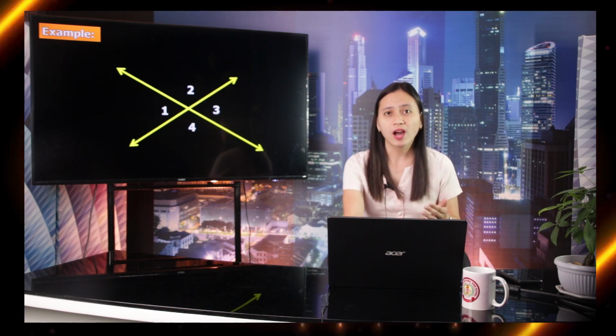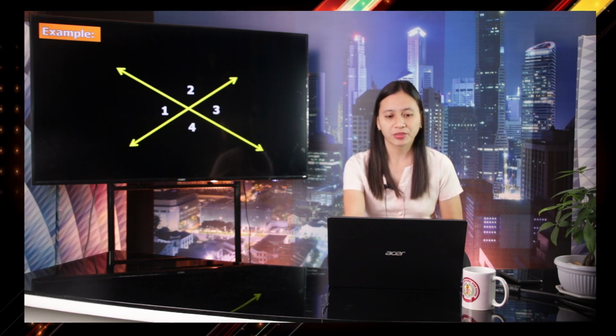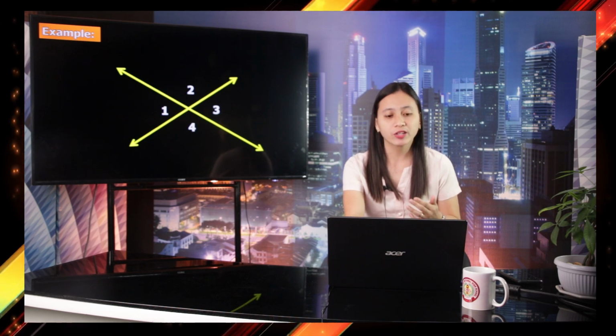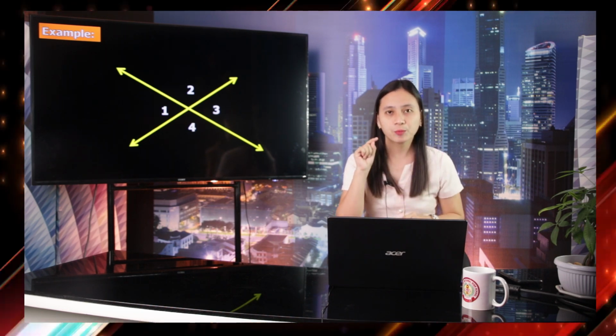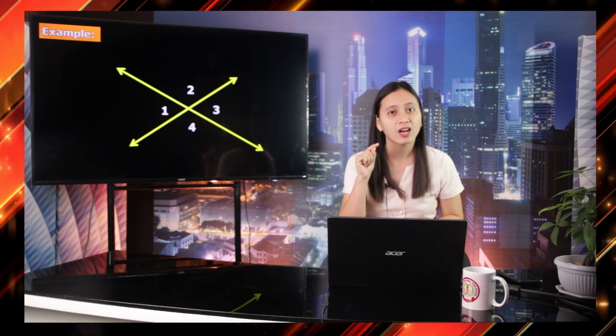Now, here in angle 1 and angle 3, we have a common vertex. It's very clear, the two lines that cross, the point where they cross is the common vertex. But notice that the two angles don't have a common side.